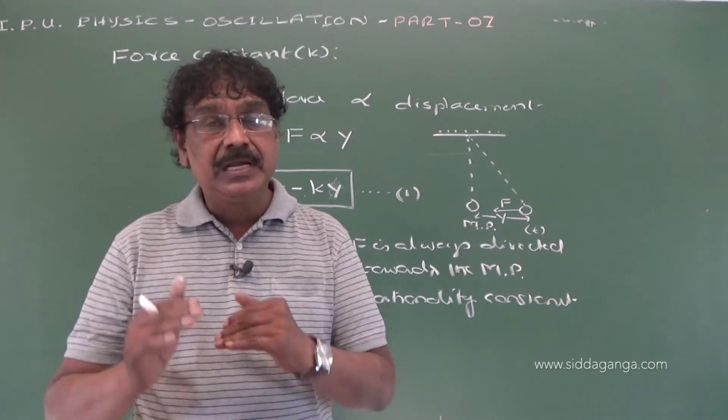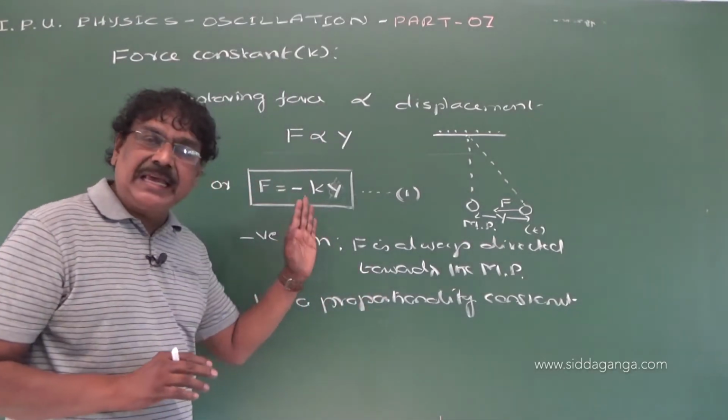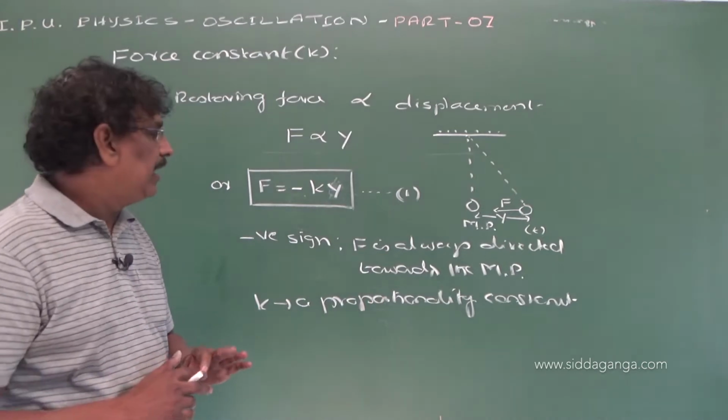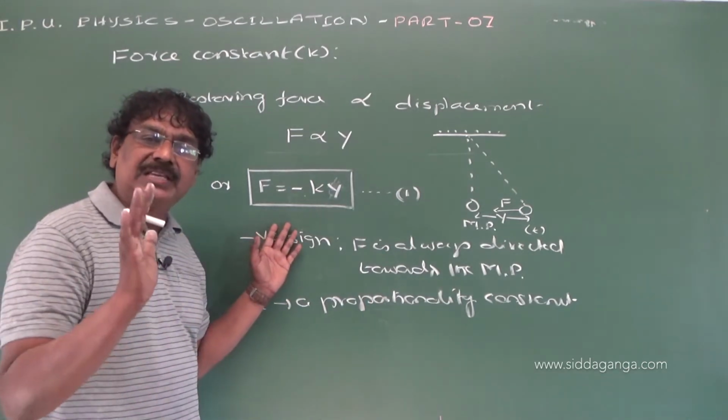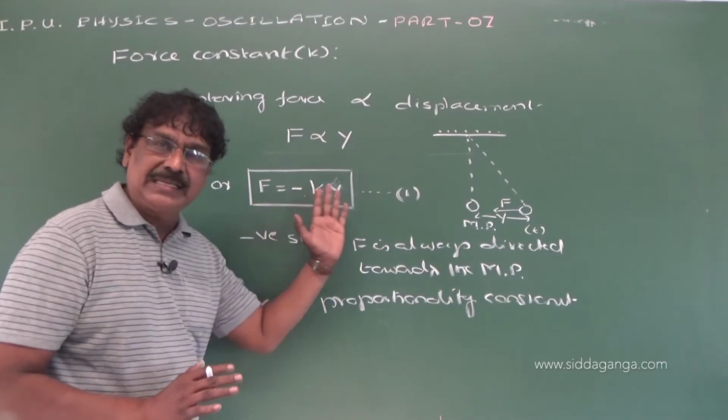That's all about the spring I am talking about. But this equation is in general for any body executing simple harmonic motion: F is equal to minus Ky.